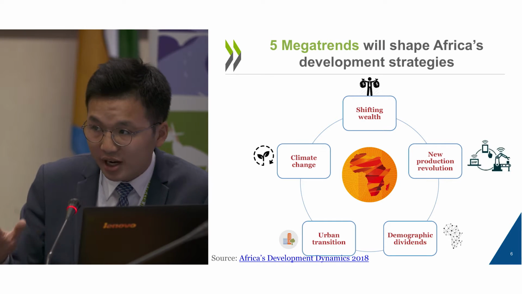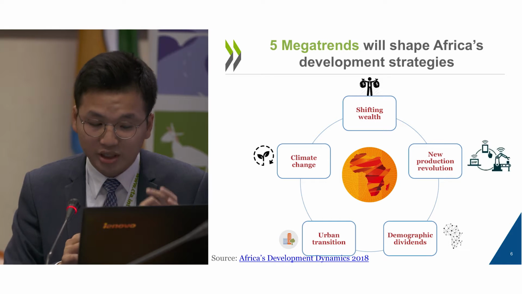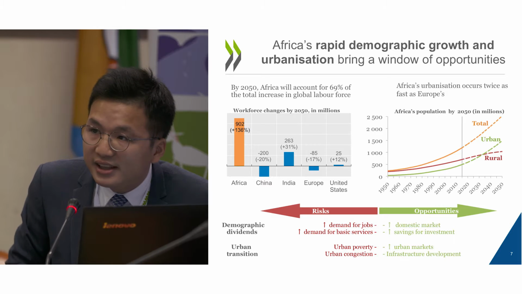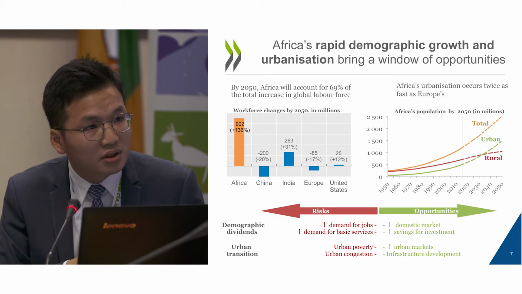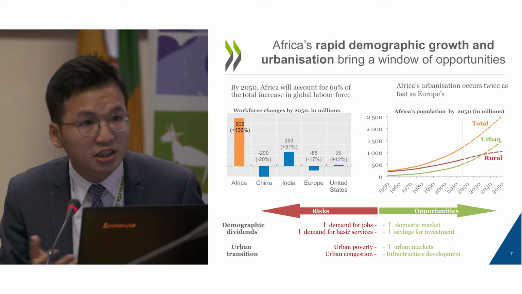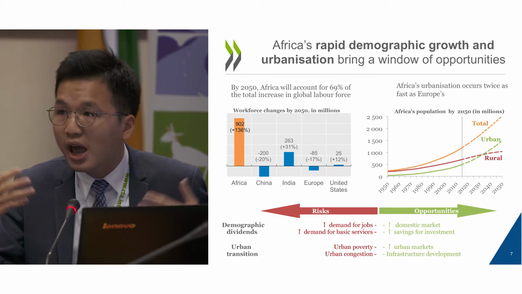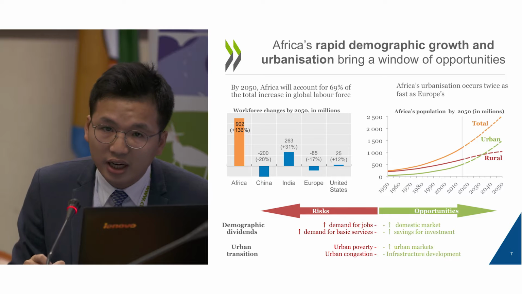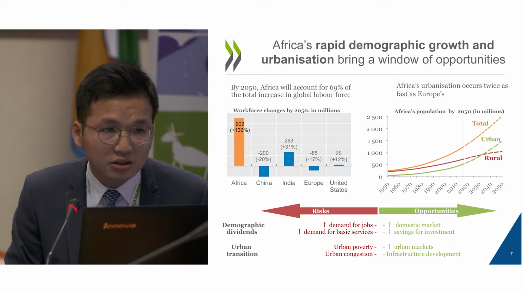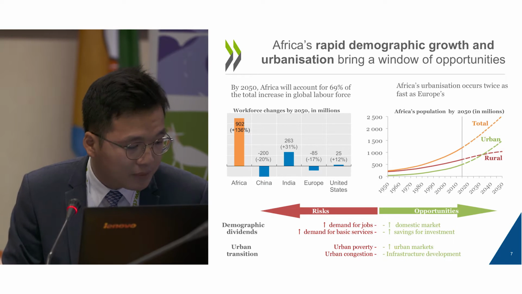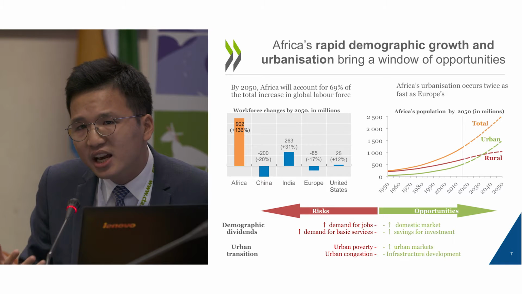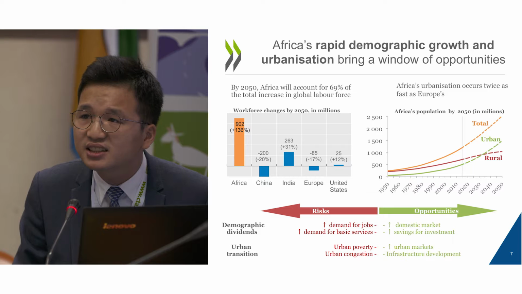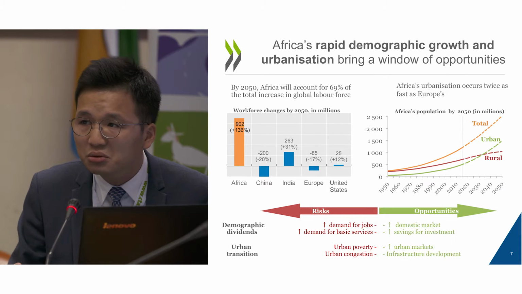And right now, I'm going to pick on a single point on the urban transition. On the right-hand side, you will see that the urban population in Africa is increasing very rapidly, as well as the rural population. And by 2035, the majority of Africans will be living in urban areas. Now, if we think about urbanization, there's a temptation to think of large cities like Lagos, like Cairo.